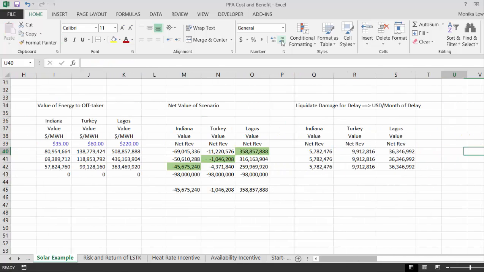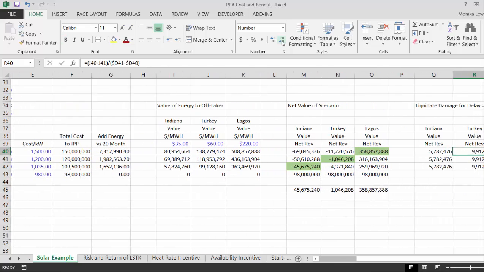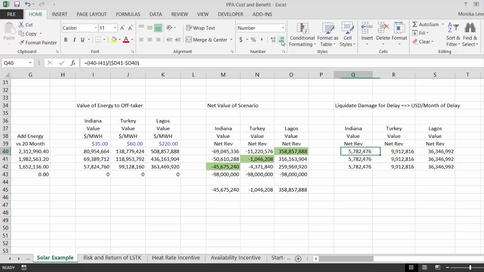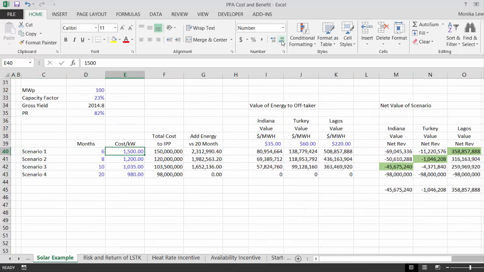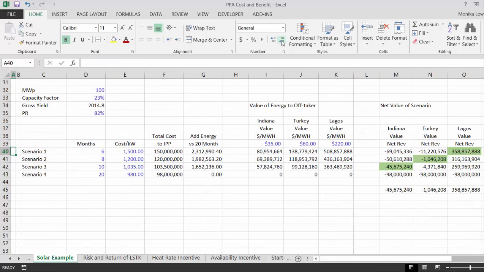If we really want to encourage people in Lagos to get it on quickly, and if we're willing to pay a lot more in the PPA to get this value, we'll be paying a higher PPA price. Then we also should have a higher liquidated damage if they do get delayed.